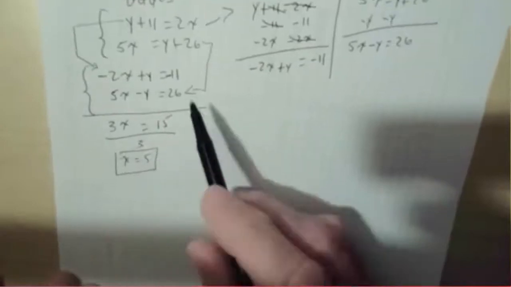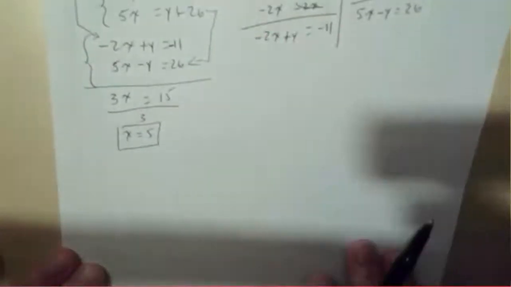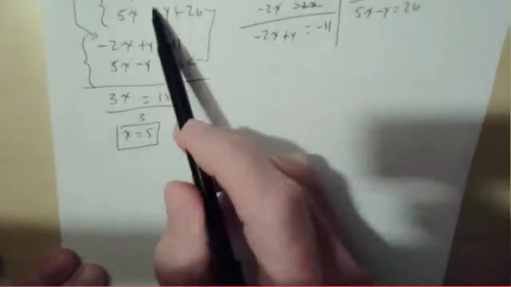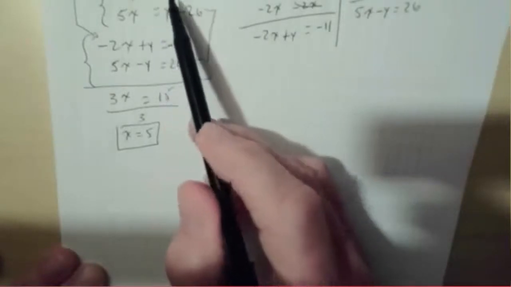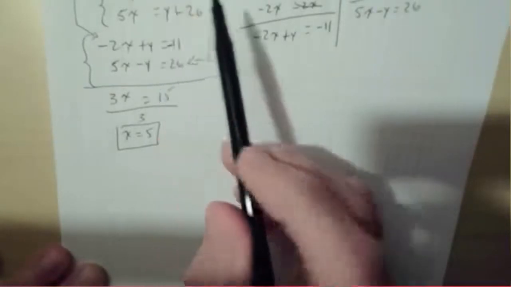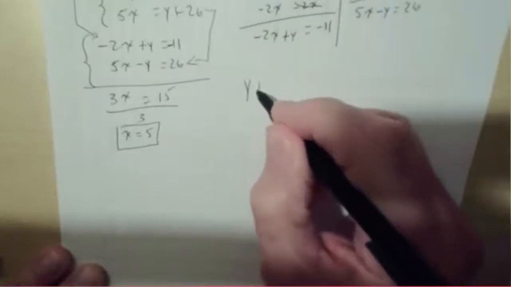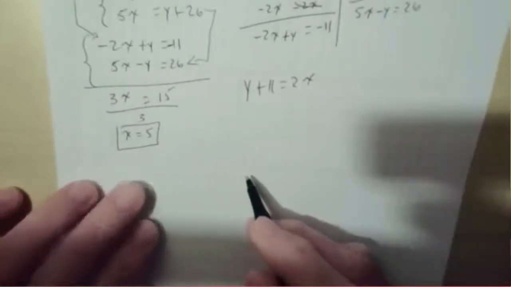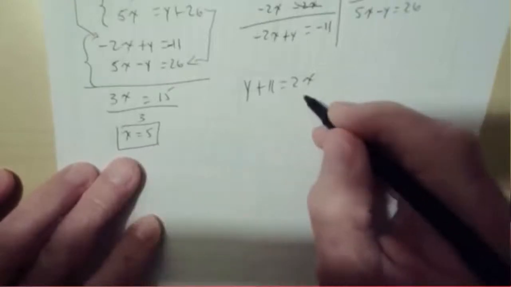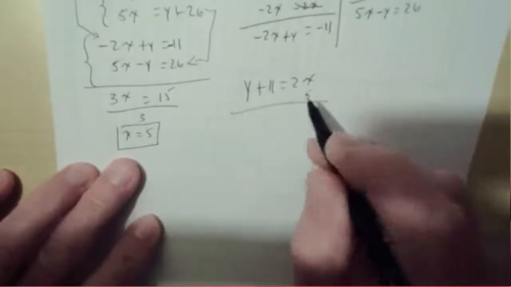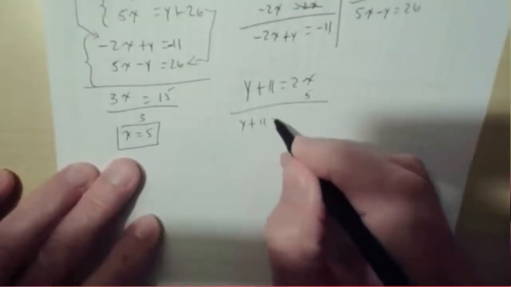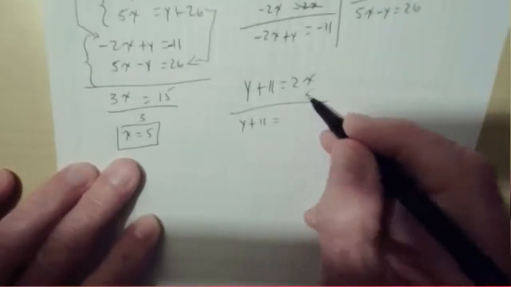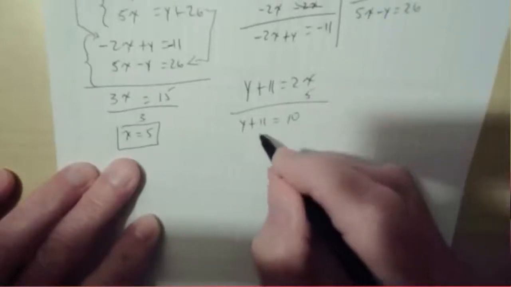Now we plug this back into any of these equations. It doesn't make any difference. Let's use this top one because it's almost solved for y. y plus 11 equals 2x. Okay, so we plug x is 5 into there. So we get y plus 11 equals 2 times 5 is 10.